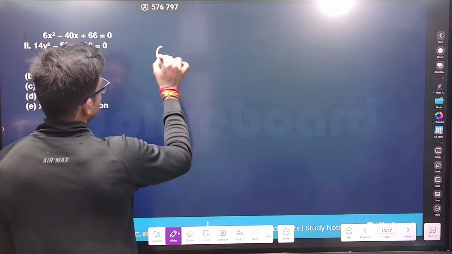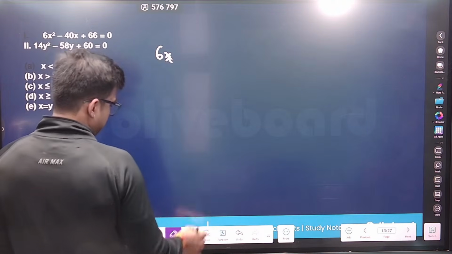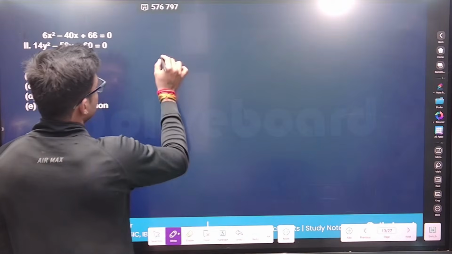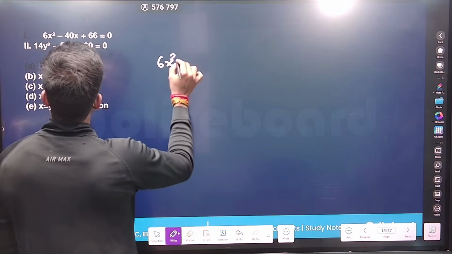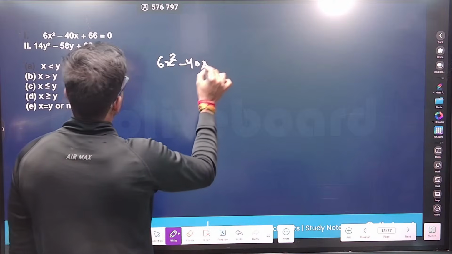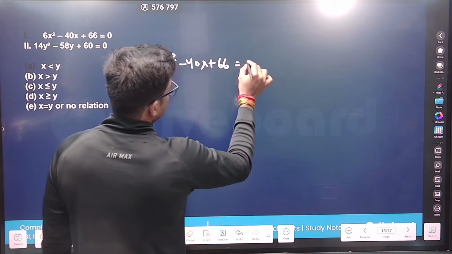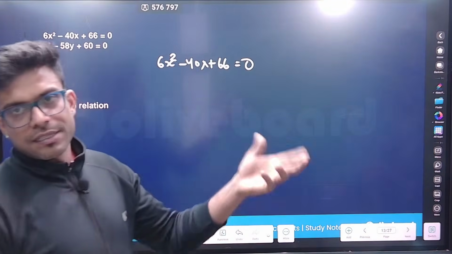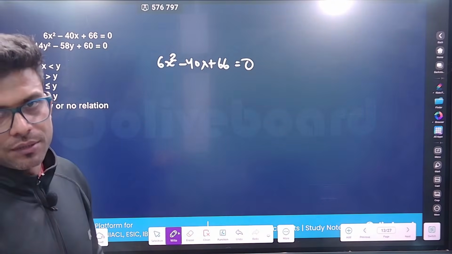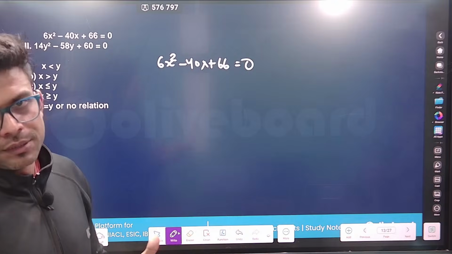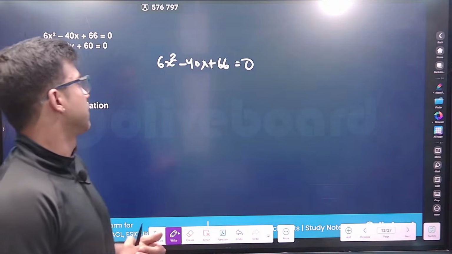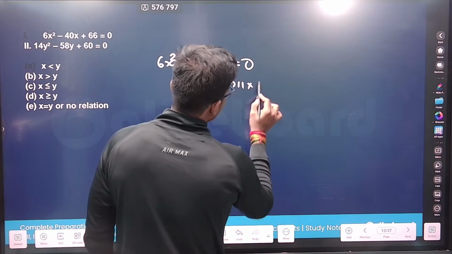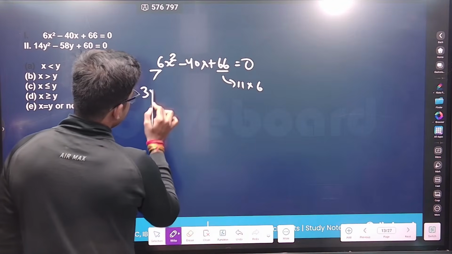6x square minus 40x plus 66 is equal to 0. How can you break it? First of all, learn to break it, I said always try to break that logic. How can you break it? 66 into 6, or you can also do it like 11 into 6, or break it like 3 into 6.